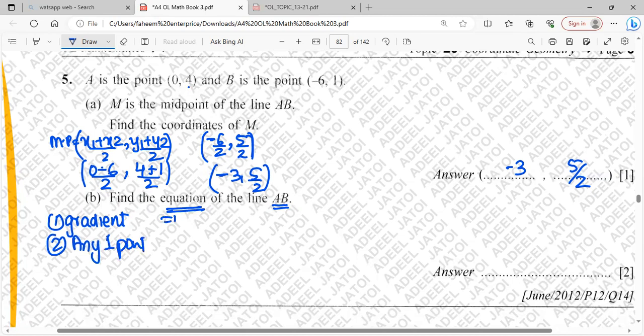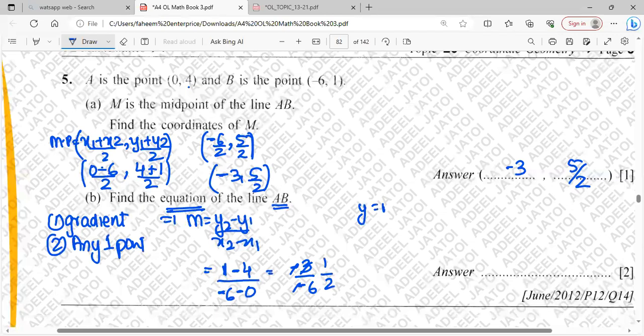Your formula for gradient is y2 minus y1 upon x2 minus x1. y2 is 1, y1 is 4, so the answer will be 1 minus 4. x2 is minus 6 and your x1 is 0. 1 minus 4 will be minus 3 upon minus 6. Minus minus cancels out. 3 ones are 3, 3 twos are 6, so 1 upon 2.